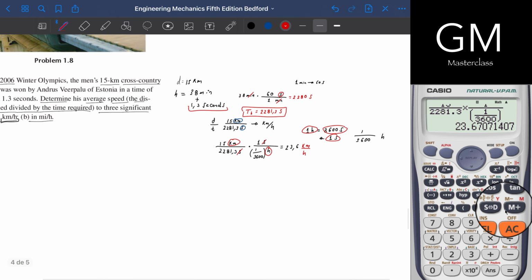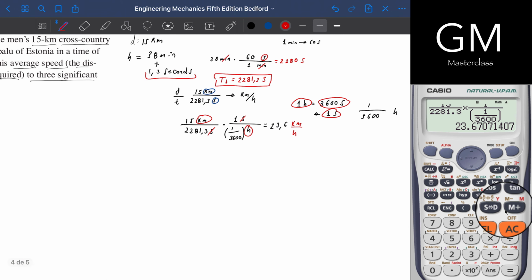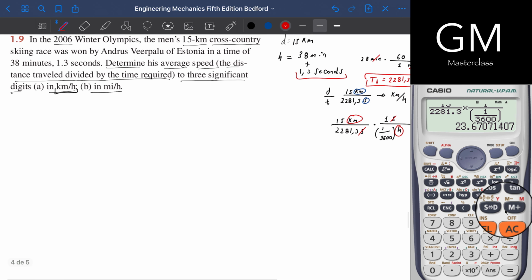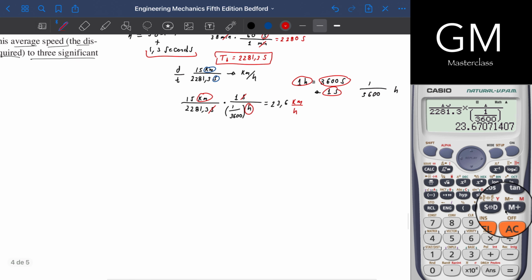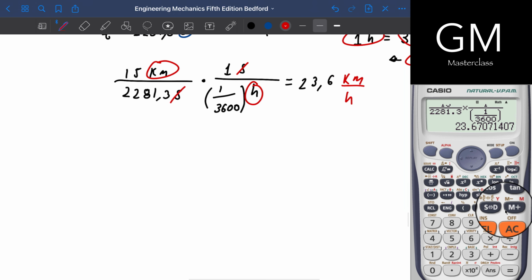And then we have to try to convert into miles per hour. So I'm going to start with this result, 15 kilometers over 2,281.3 seconds.